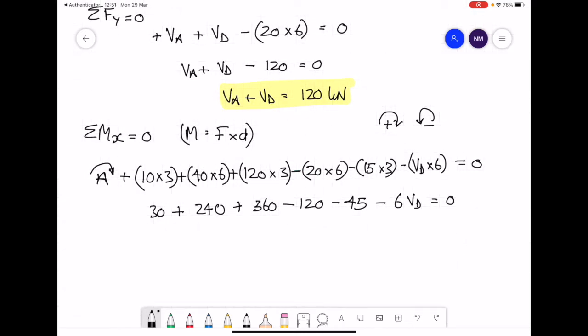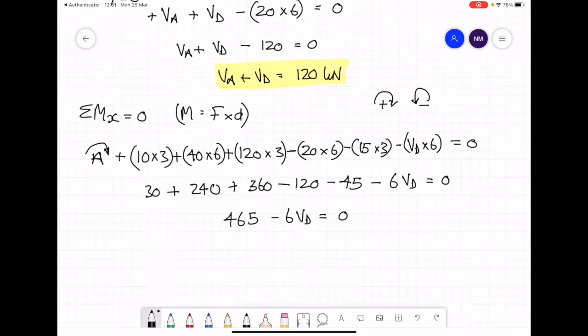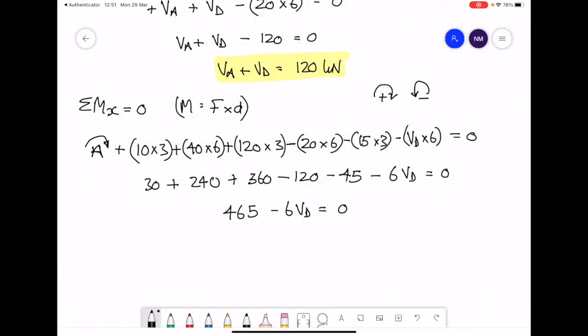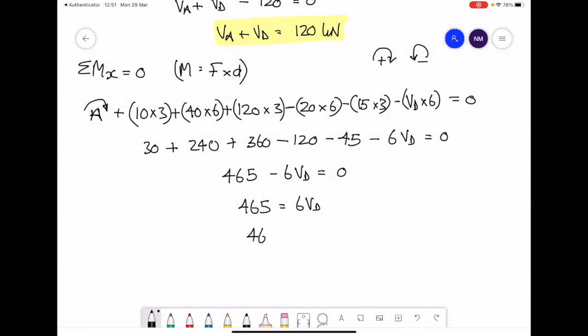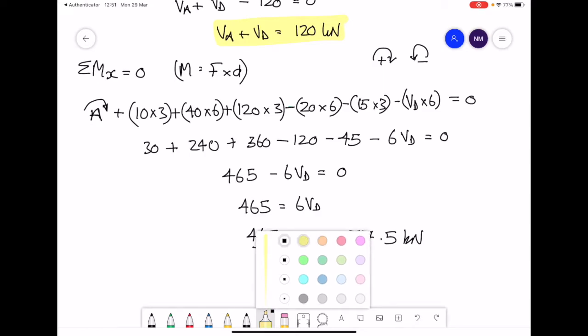Bringing the numbers together, we should get 465 minus 6 VD equals 0. Take the 6 VD to the other side and it becomes positive. Then divide through by 6. Gives you VD, and that works out to be 77.5 kilonewtons. There's our first reaction force worked out.